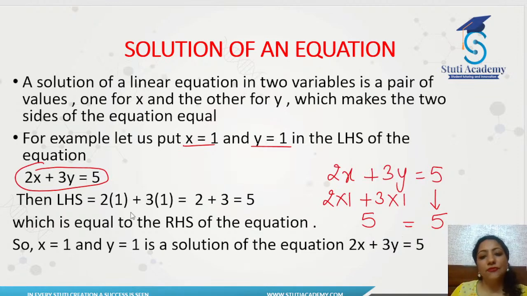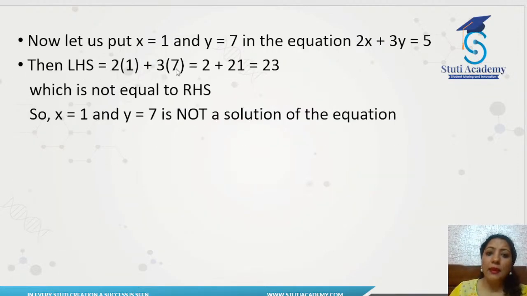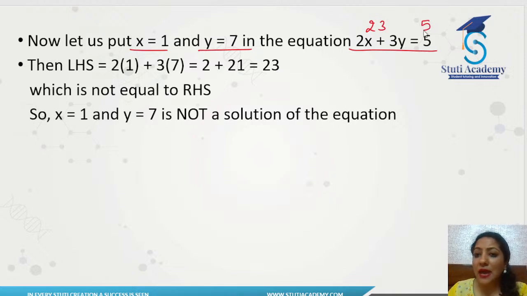Now let us put some different values of x and y. Let us put x equal to 1 and y equal to 7 in the same equation. So we are going to get 2 into 1 plus 3 into 7, that is 2 plus 21. 3 into 7 will give us 21, 2 into 1 will give us 2, so 2 plus 21 will give us 23. So I'm getting 23 here, but then I have 5 here.